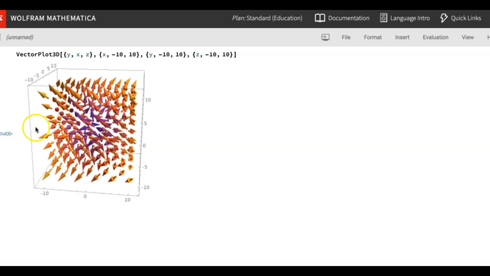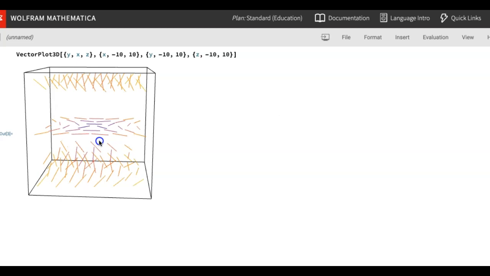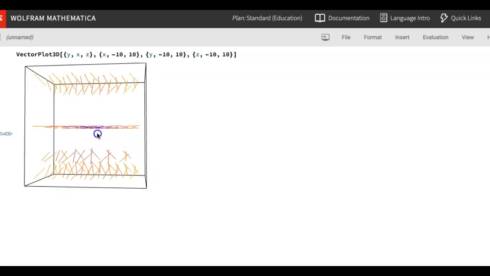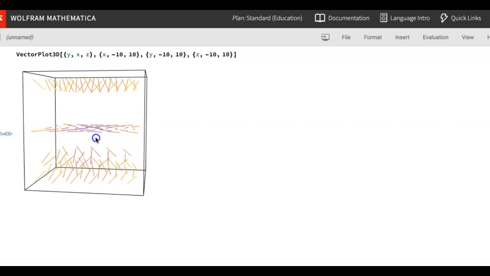And so I can see what happens at z equals 0, because this is my z-axis. I know I don't have it labeled. At z equals 0, so along the xy plane, don't we see that all of these arrows are actually horizontal? When I talk about horizontal, I mean they don't have any change in z value. It kind of looks like a line if I flatten this out.